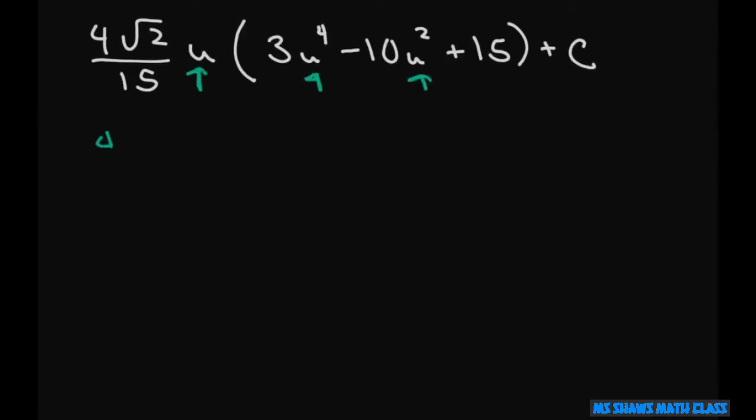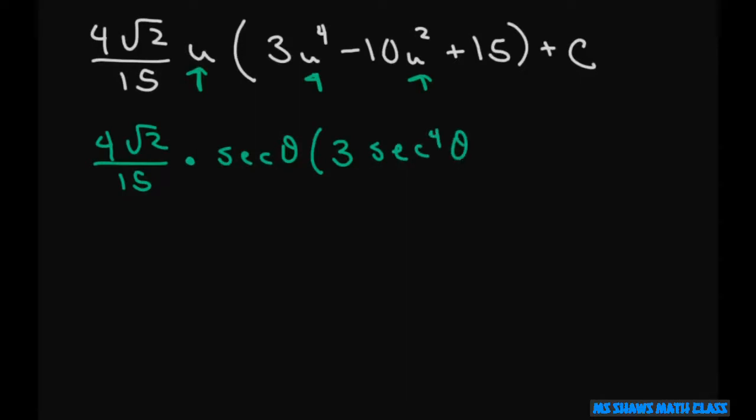I'm going to get 4 square root of 2 divided by 15 times secant theta times 3 secant to the 4th theta minus 10 secant squared of theta plus 15 plus c.